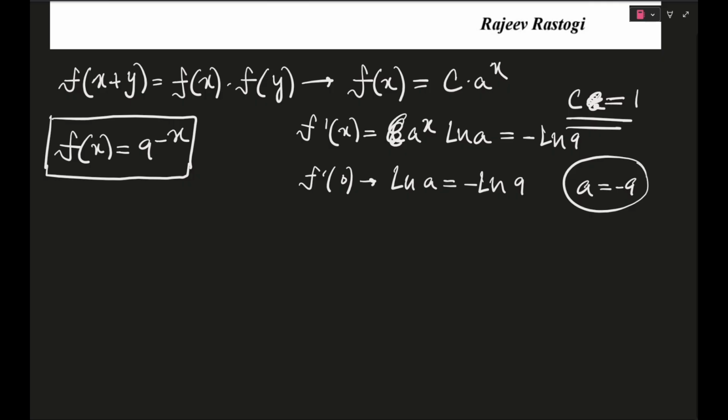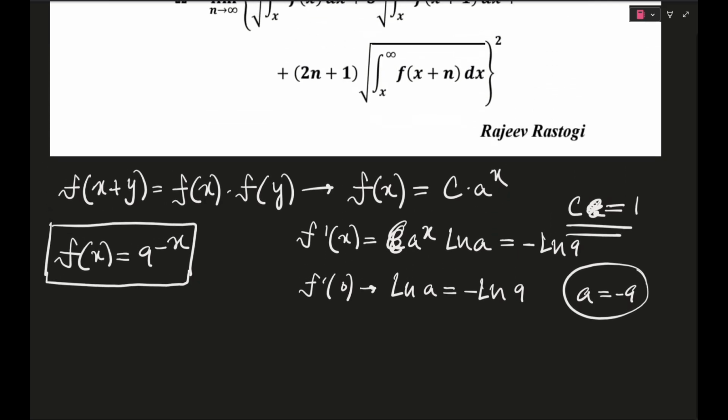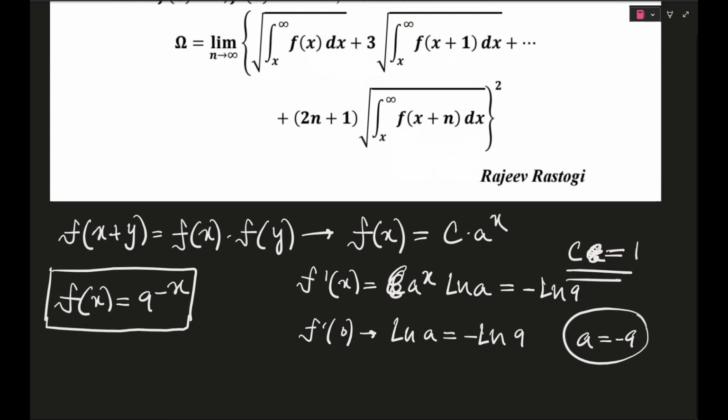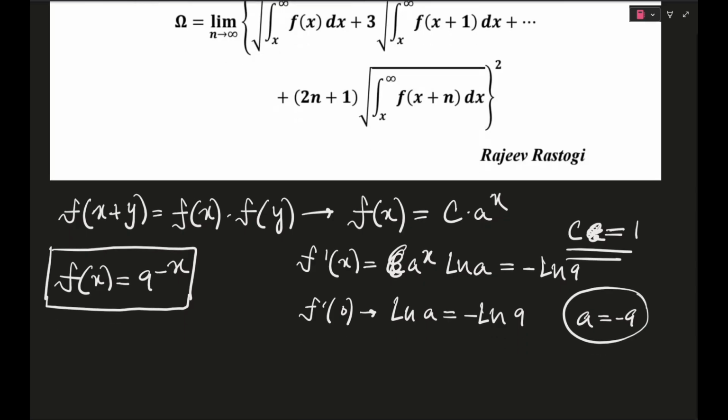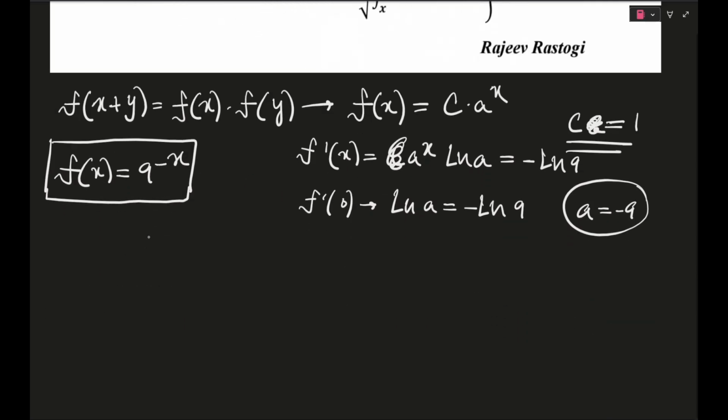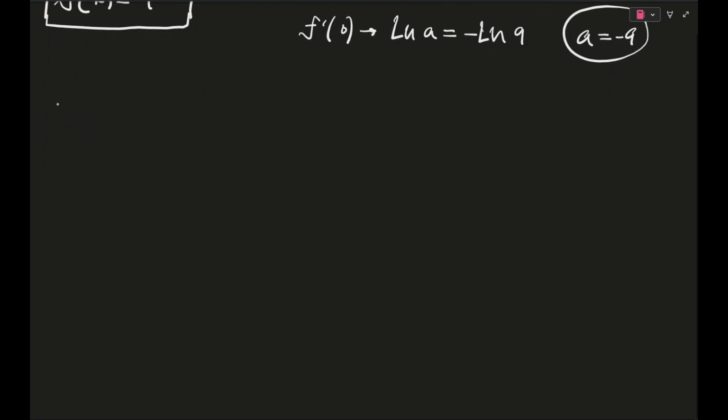I will show you. Okay, so guys, our function is found, but right now if you actually notice this thing, sigma, limit n tends to infinity sum, okay? I guess we can write it in terms of sigma. So let's do that, I guess that will be better. Like if you observe the pattern, our final term is given as 2n plus 1, so this will be limit n tends to infinity.